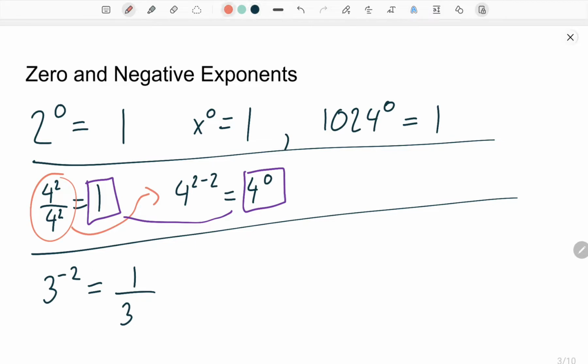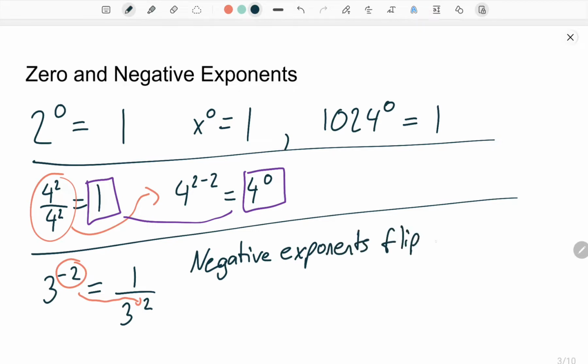And now instead of writing it with a negative sign, the exponent is just going to become that exponent, but positive. So negative 2 to 2 once you do the flipping. So negative exponents flip your number.